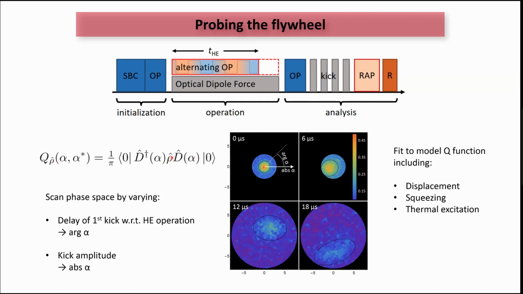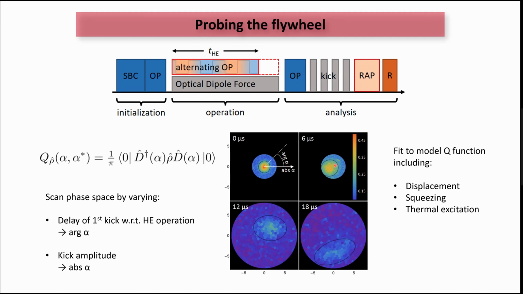Rho is the state of the harmonic oscillator after heat engine operation. Then this is the additional controlled displacement by the electrical kicks, which does not depend on the spin. That's the ground state probability here. So what we measure is the Husimi-Kano Q function. And this value of alpha here can be scanned by scanning the duration and phase offset of the kicks.